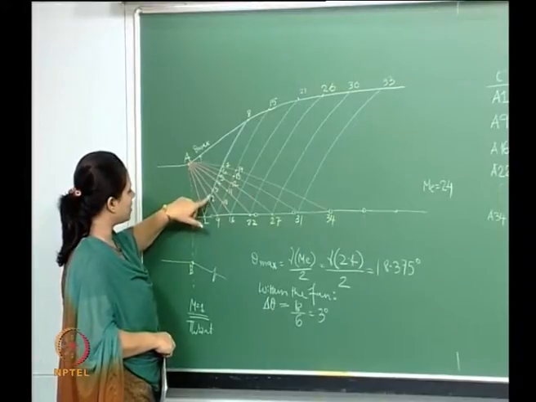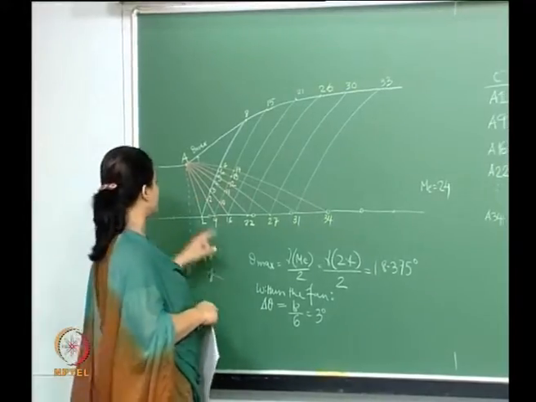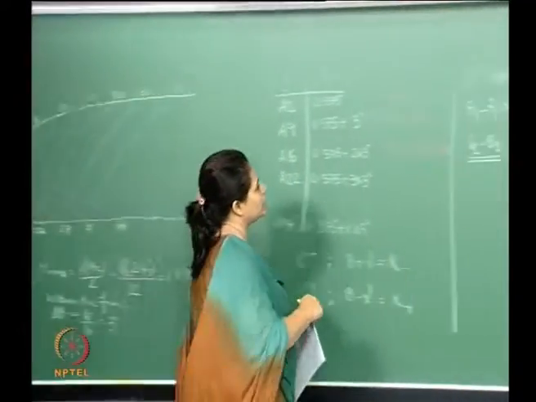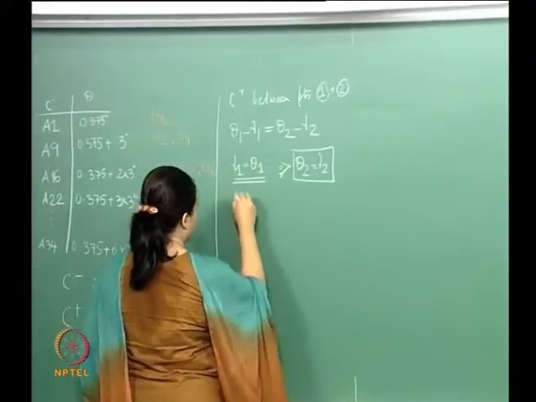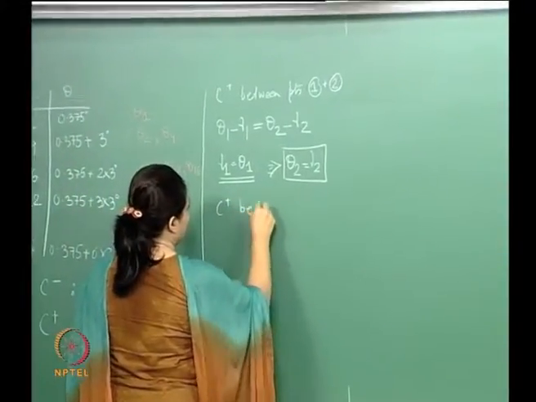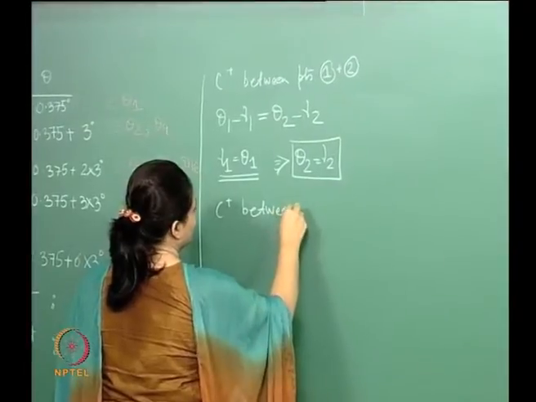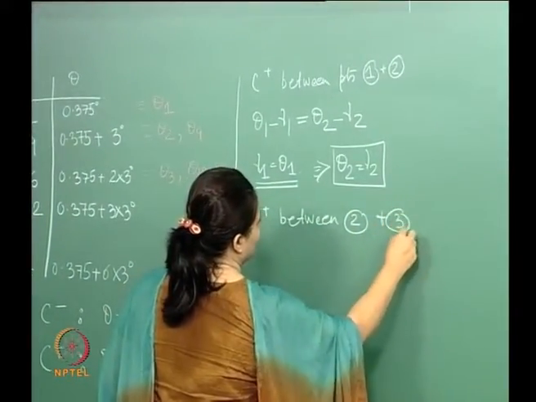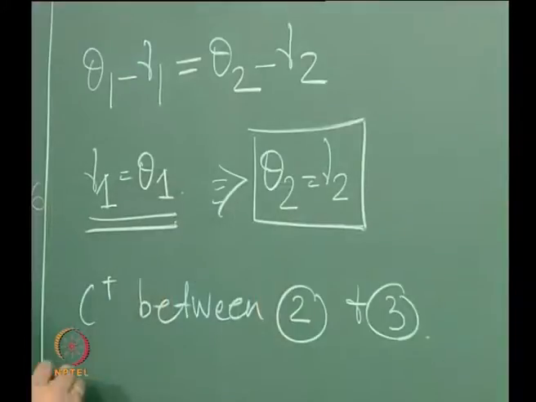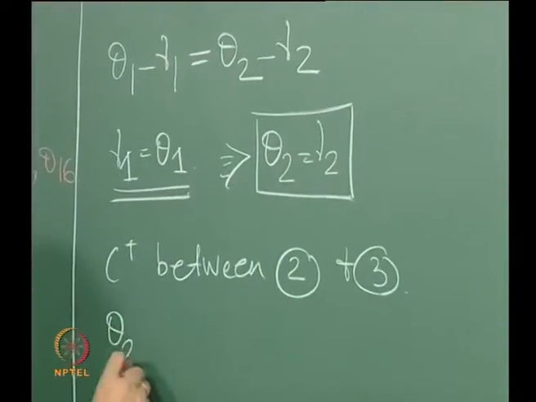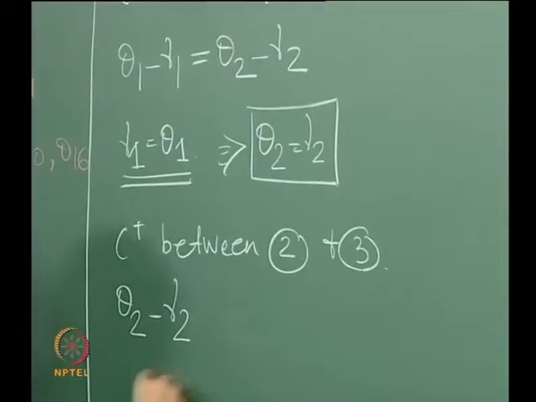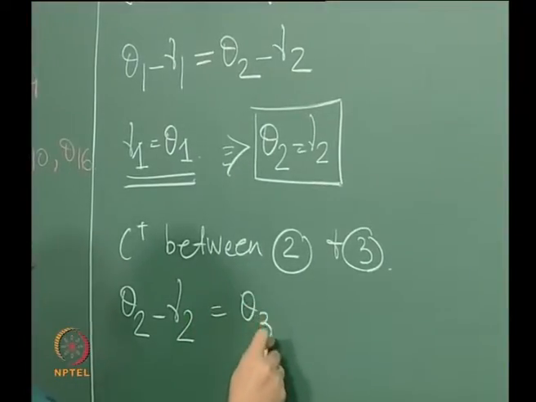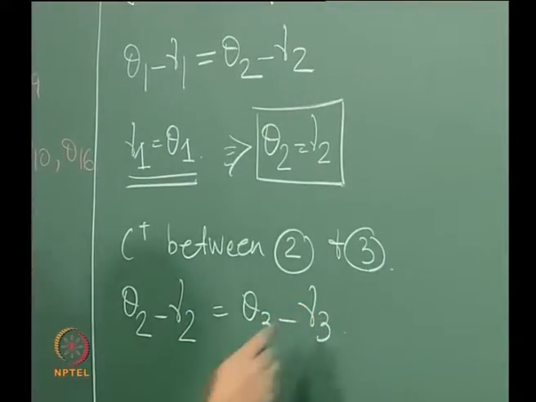Now let us consider points 2 and 3. If I consider again C plus between 2 and 3, what we get is theta 2 minus mu 2 is equal to theta 3 minus mu 3.